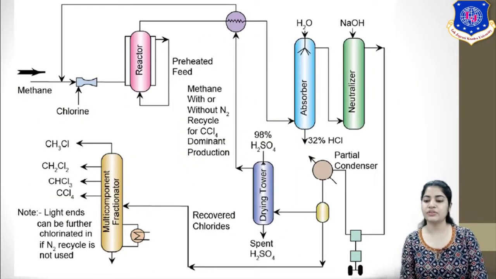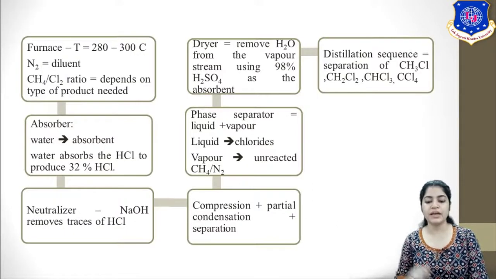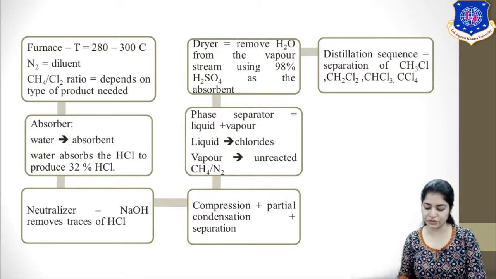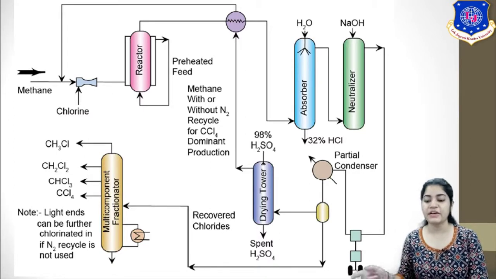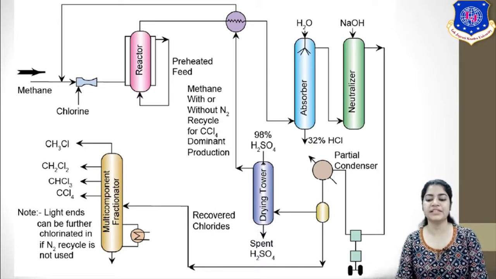Now from the NaOH neutralizer, three processes are happening: compression, partial condensation, and then finally separation. You are first of all compressing it, so you have increased the pressure. Then it is partially condensed. From the partial condenser, it is then separated.